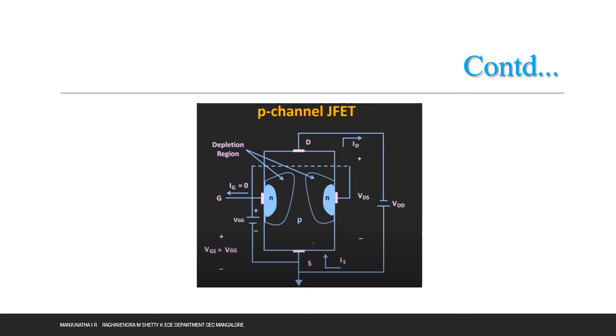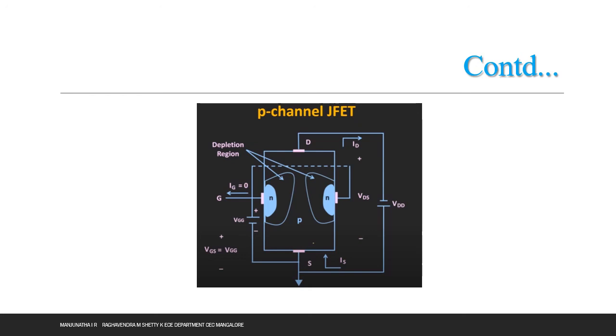So to make the PN junction reverse biased, we should give VGG as a positive voltage, whereas in the case of the P channel we were giving negative voltage, because from VGG we were giving voltage to the P region, but here in this particular case from VGG we are giving voltage to the N region.